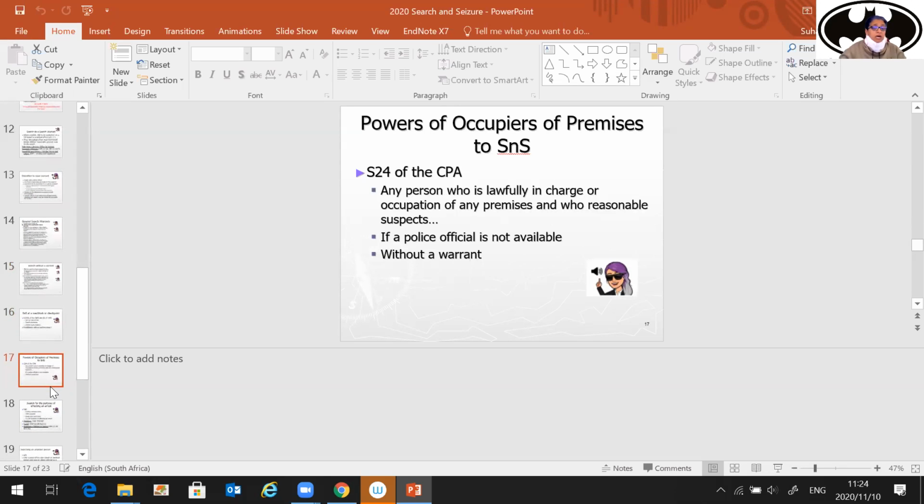This is important: powers of occupiers of premises. Now, what does this mean? That means that if I own a property, or I'm landlord of a property, or I've got people staying on my premises, what powers do I, as owner, occupier, or even a roommate of a particular place, have to conduct search and seizures of other rooms, properties, or people living on the property?